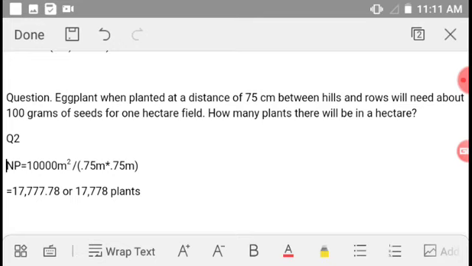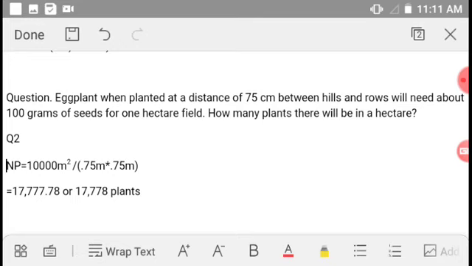So, proceeding in computation, NP is equal to 10,000 meters squared divided by 75 cm squared. Ngayon, yung 75 cm, i-convert muna natin siya sa meter. Kaya yung 75 cm times 1 meter over 100 cm, 75 cm times 1, 75. Divided by 100 is 0.75.